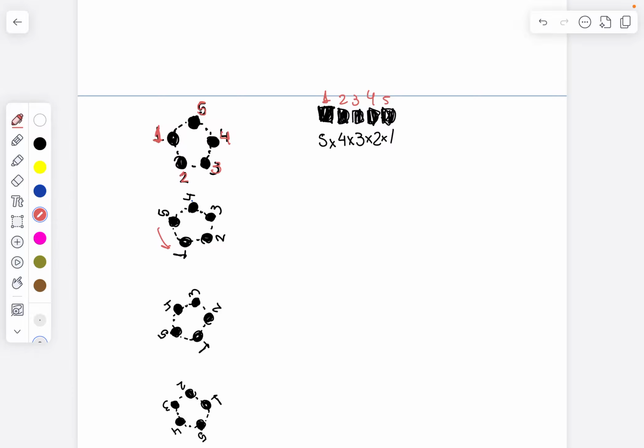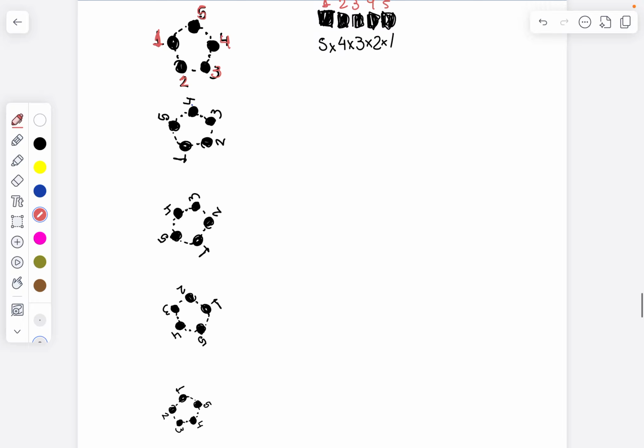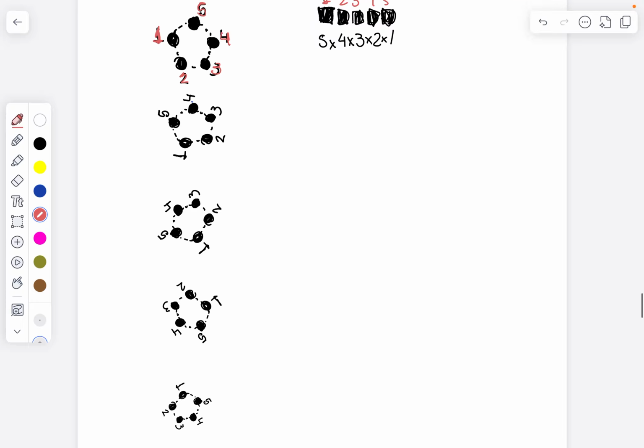So if this person 5 jumps to 1, jumps to 2, jumps to the chair where it's 3, jumps to the chair where it's 4, in the 5th iteration it goes back to the same place, right? So with this rotation, one to the left, then one more, and one more, and one more, these 5 configurations are the same.